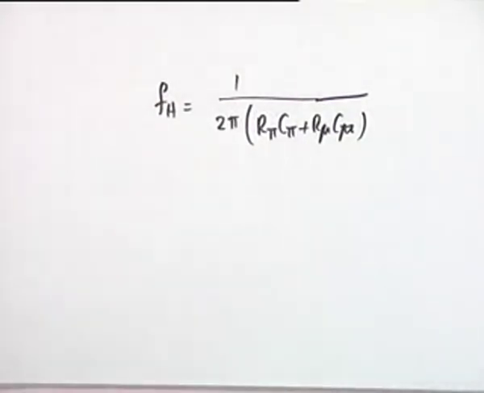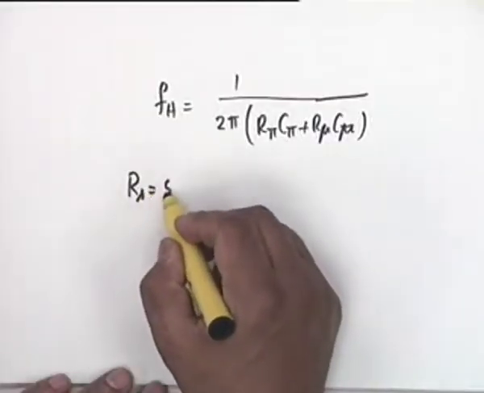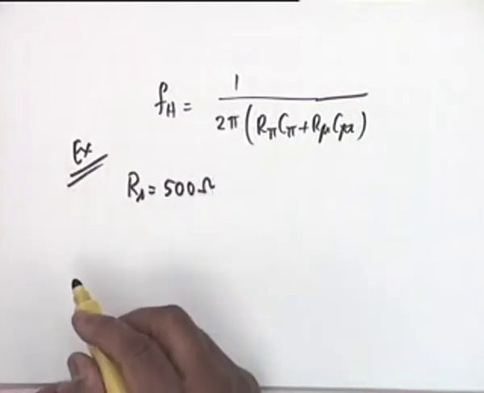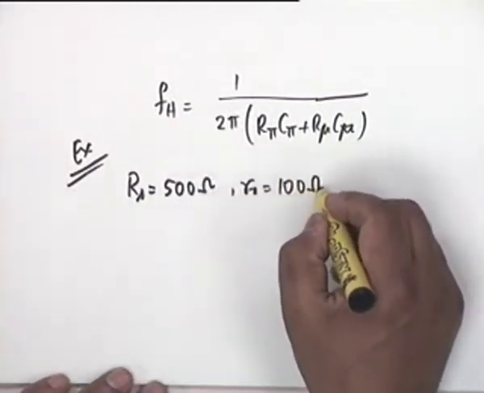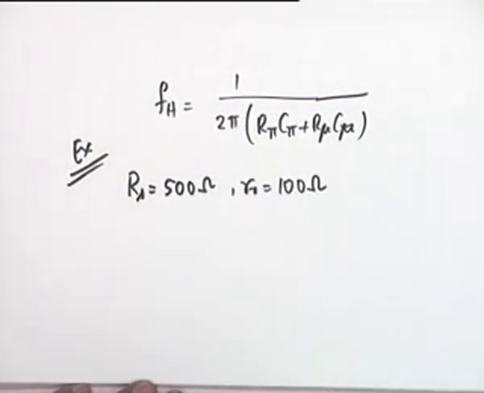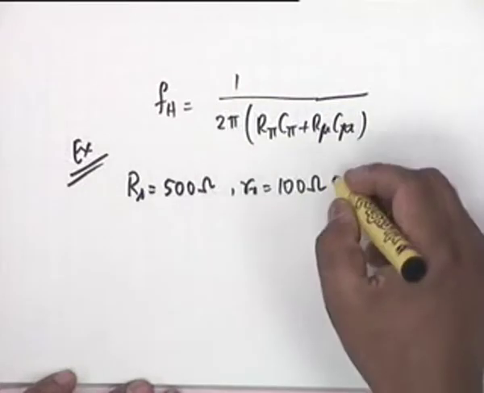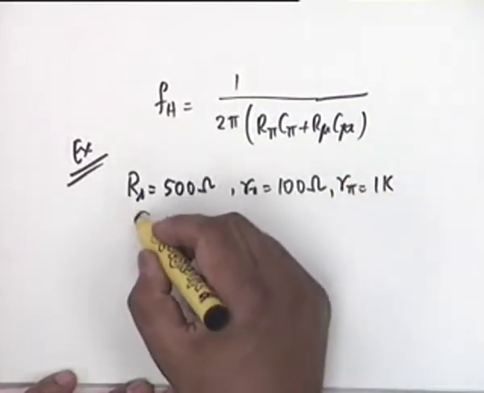Let's consider an example and see how things improve by means of this series feedback. We take an example in which RS is 500 ohms. Small Rx is 100 ohms. I have intentionally taken this to be a large figure so that it becomes comparable to capital RS. R pi is 1K, a good figure.